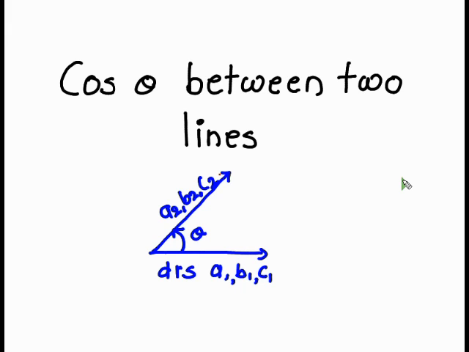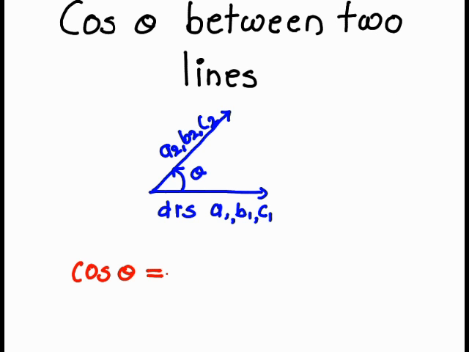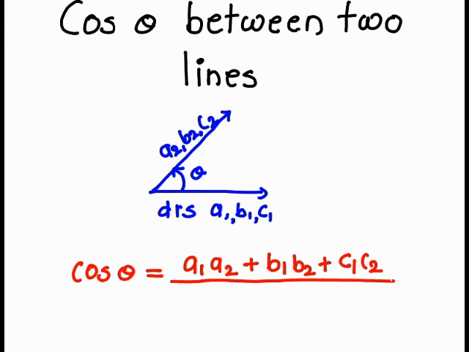Then cos theta is equal to A1 into A2 plus B1 into B2 plus, obviously, C1 into C2, divided by the square root of A1 square plus B1 square plus C1 square, the square of the DRS of the first line, into the square root of A2 square plus B2 square plus C2 square, the square of the DRS of the second line.